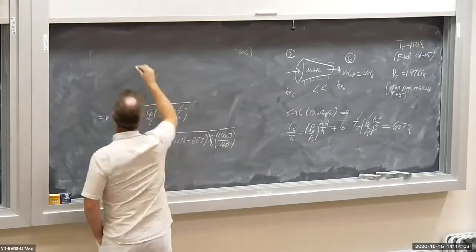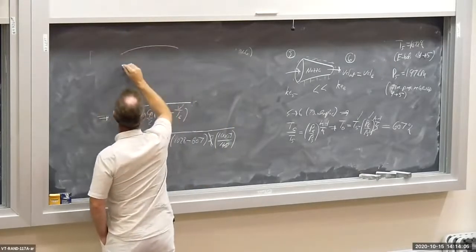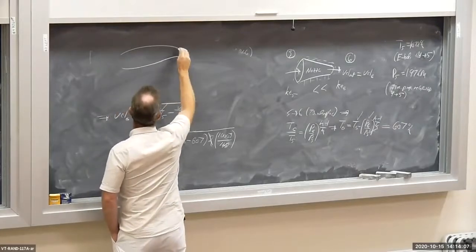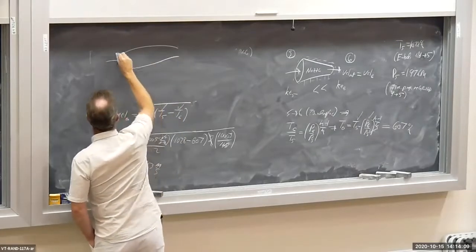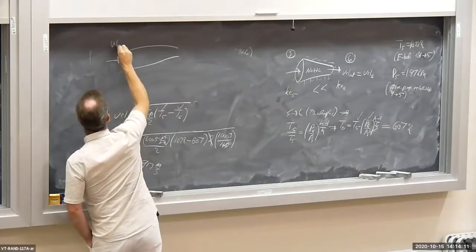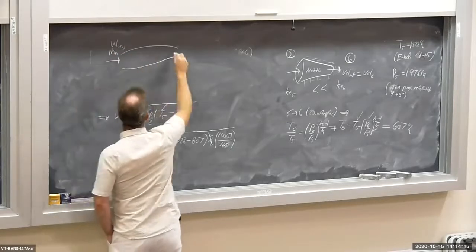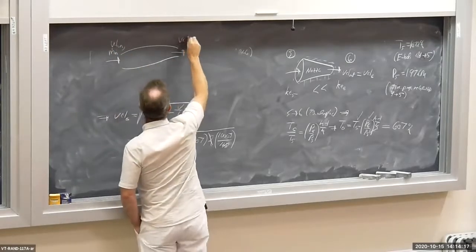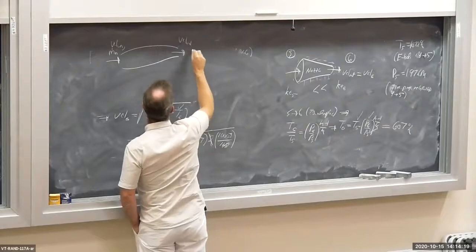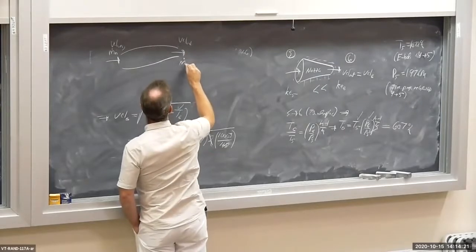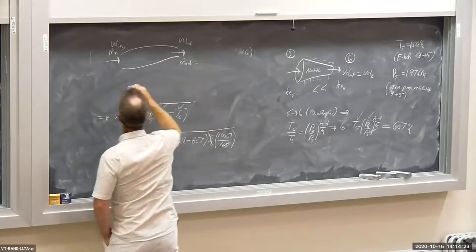So we have our jet. Here we have VEL in. We have M dot in. We have VEL out. We have M dot out. They're pretty much the same.